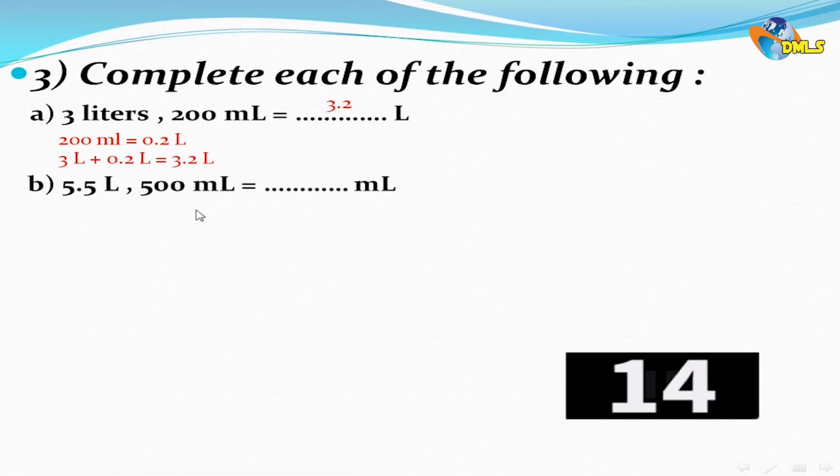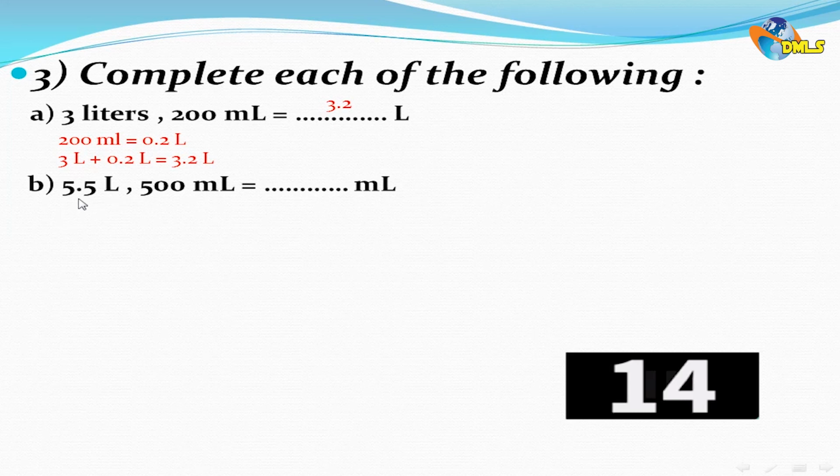Question B. 5.5 liters and 500 milliliters equals how many milliliters? We look at the end of the example, we find milliliter. So we will convert liter to milliliter. Again, how can we convert greater unit to smaller unit? By multiplying.